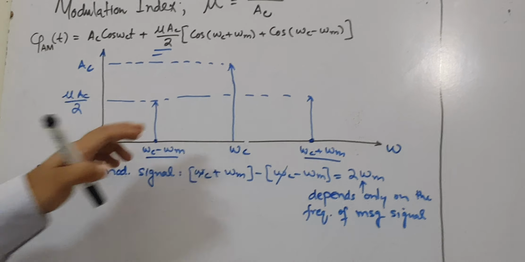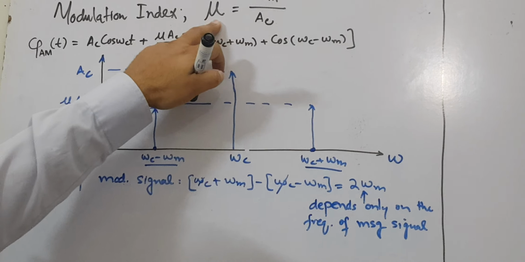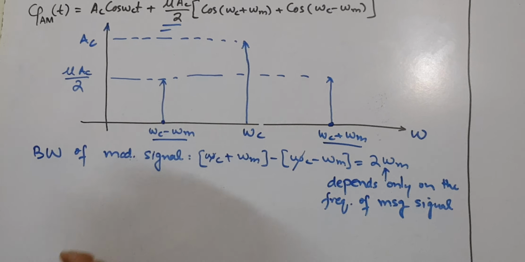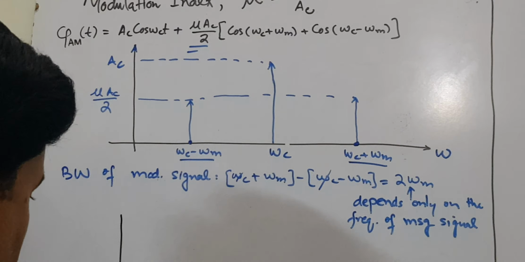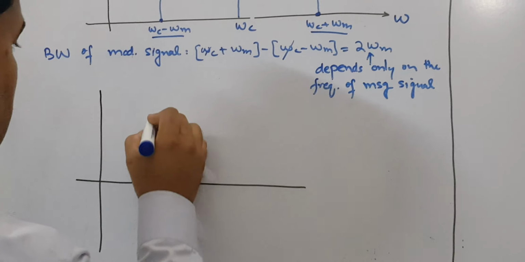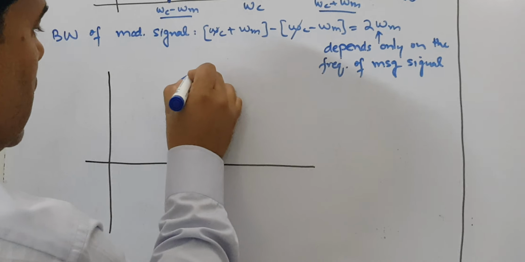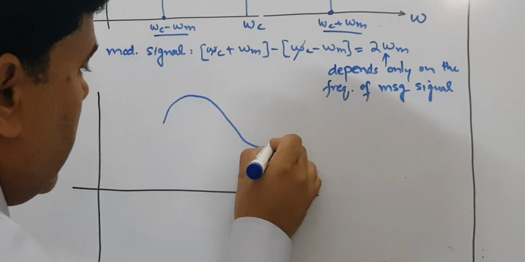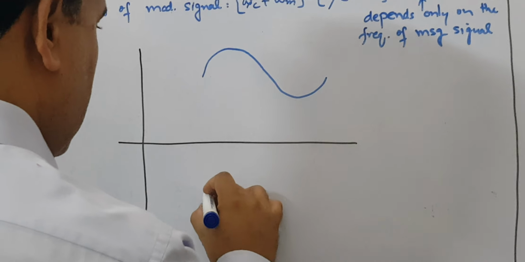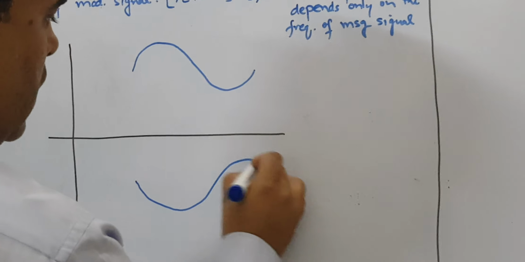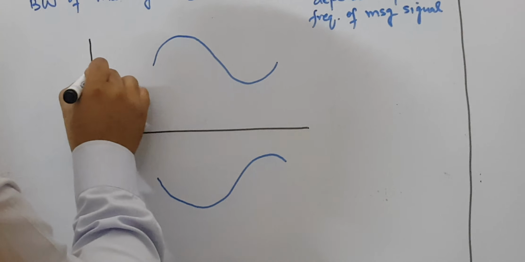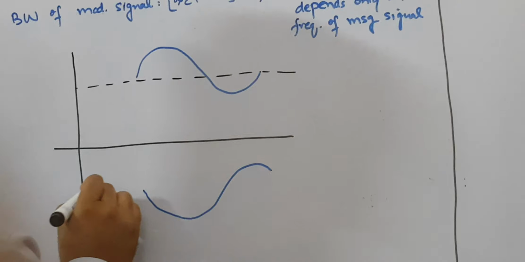We are going to give a further explanation about the modulation index. How can we represent the modulated signal? In the modulated signal, we have a message signal that looks something like this, and the other way around, we have a carrier signal.